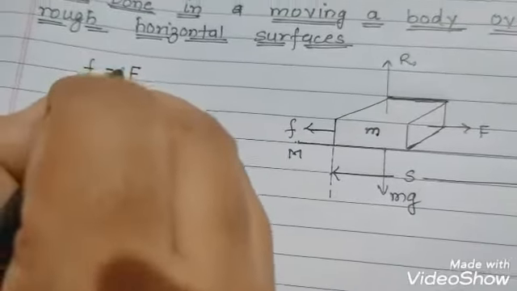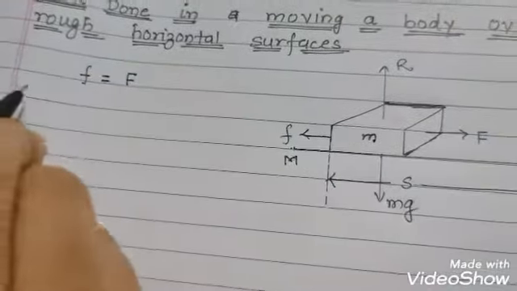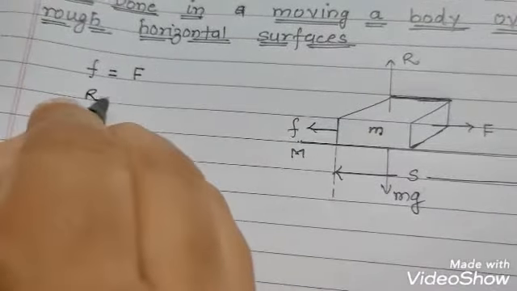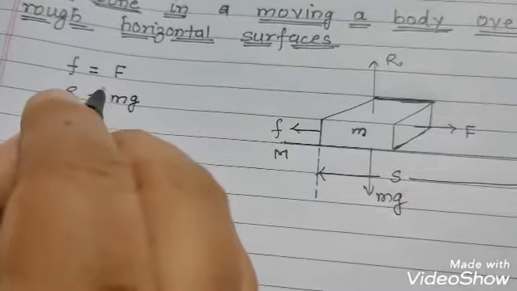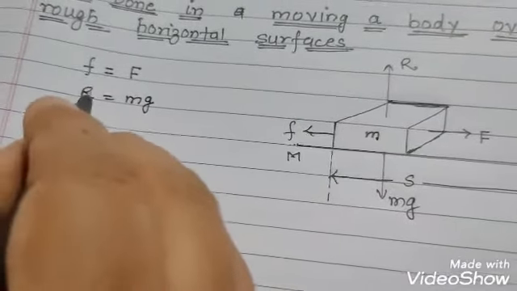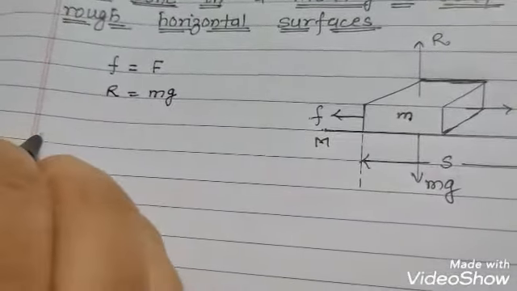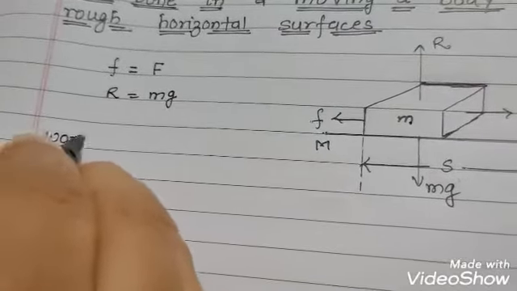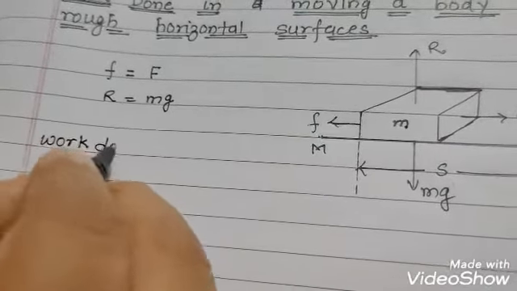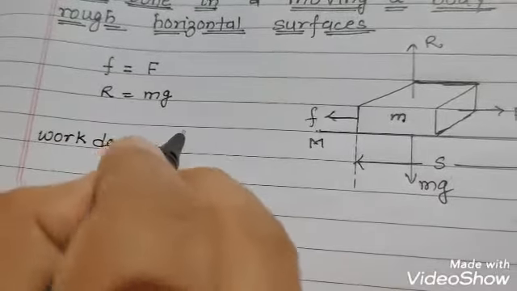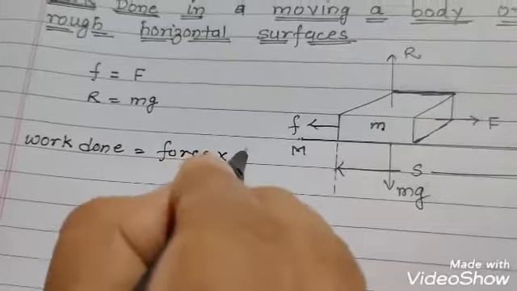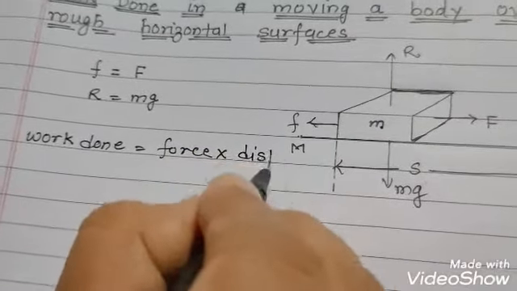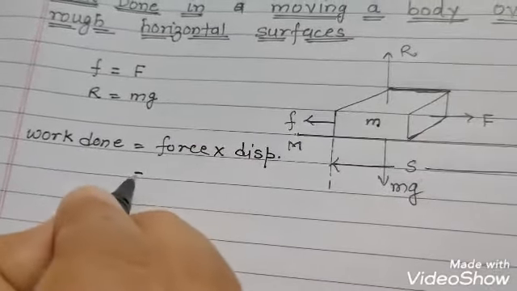And you will see that R is equal to mg. What we know here is the work done. If we calculate the work done, we know that the work done is equal to force into displacement.